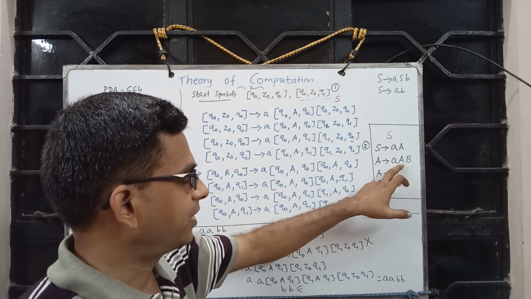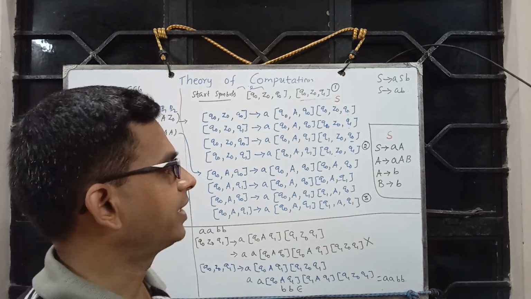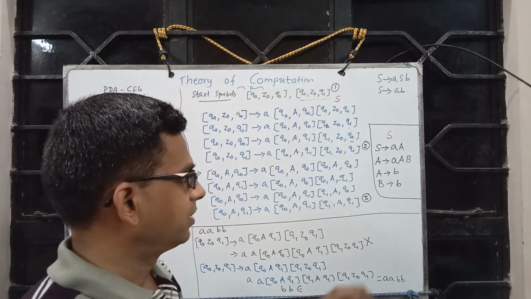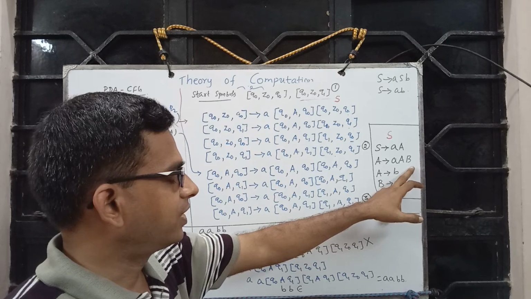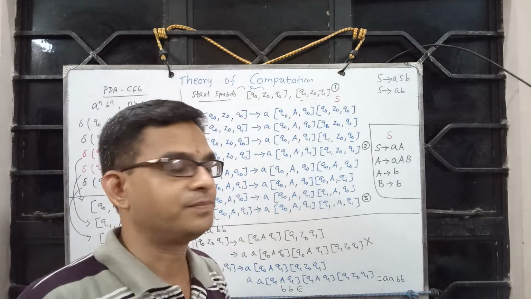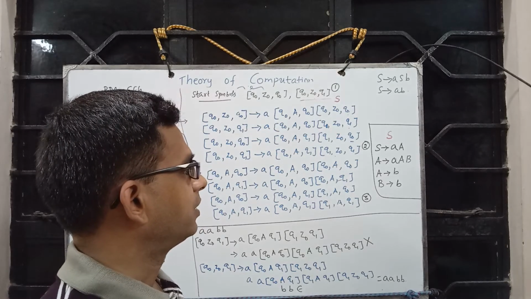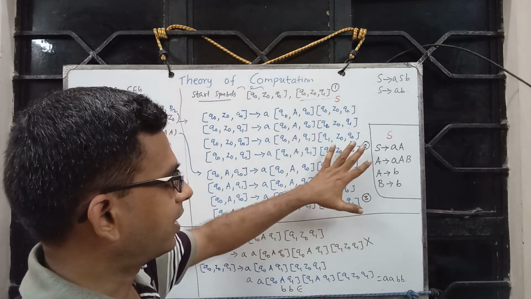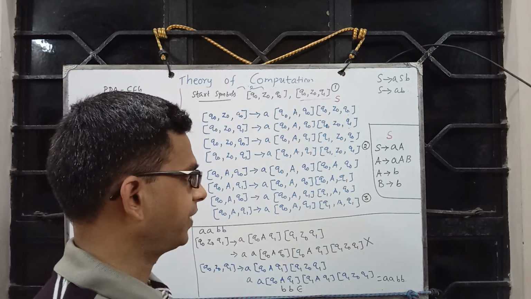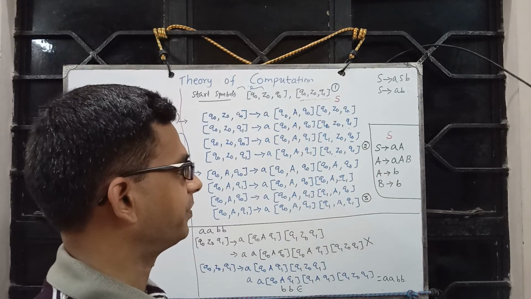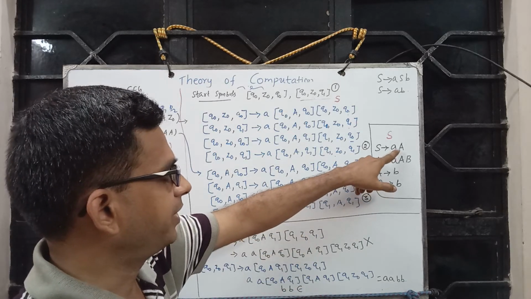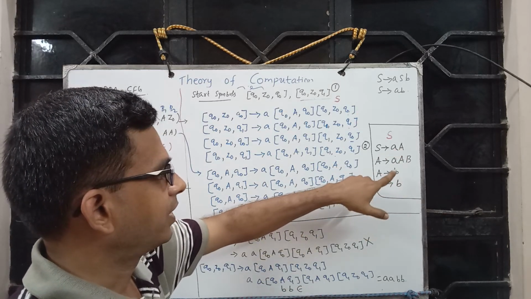Supposing you have derived say 7 capital A's, and you would have derived so many corresponding capital B's as well. Okay, so that shows that at any point in time you have equal number of A power n followed by B power n. The simplest one is substitute B here, you get AB.